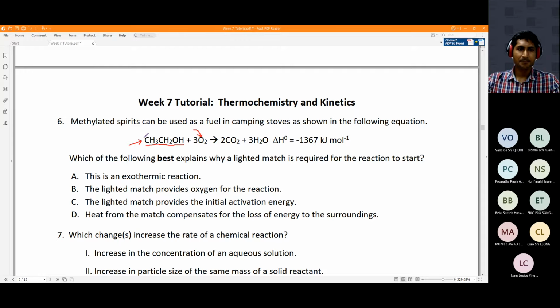Methylated spirit is actually not just ethanol. Methylated spirit is poisonous, it's toxic. It is ethanol, but there is a mix of methanol, CH3OH. Sometimes you will notice that people die because ethanol is a hard drink.